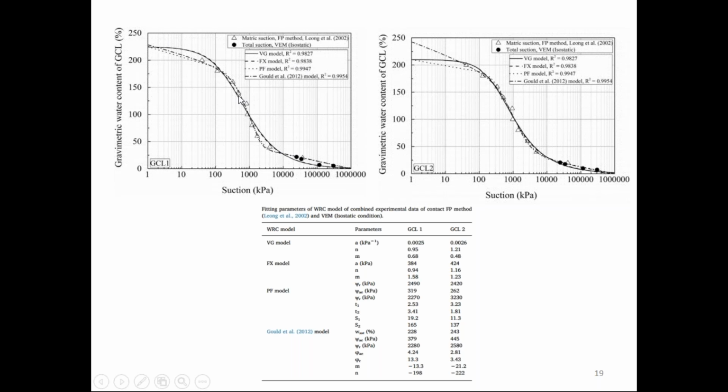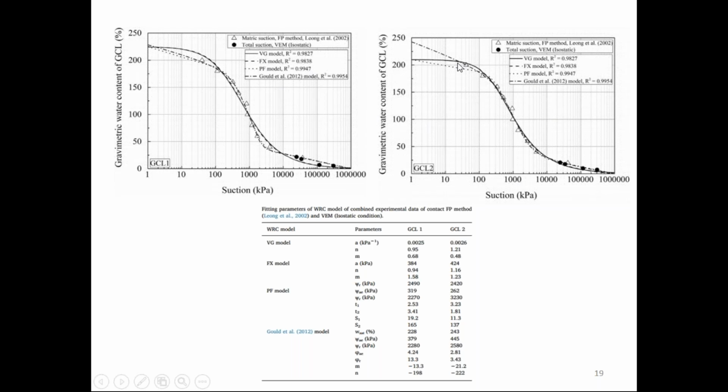This discrete data is fitted with various models like VG, FX, PF, and Gold et al., and it is observed that the PF and Gold et al. models fit well with the experimental data points, because these two equations have more controlling parameters as compared to the VG and FX models.